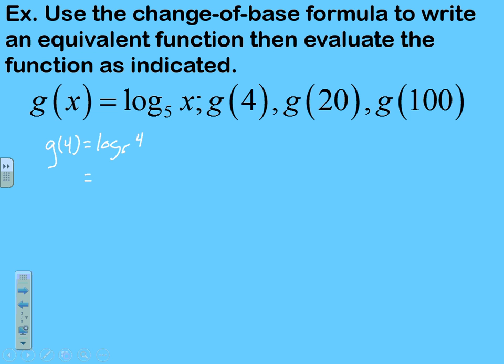Well, to evaluate that using our change of base rule, we'll say log of 4 in base 10 over log of 5 in base 10, and just type that little happy number into our calculator, and we'll get 0.8614. Now, this one here doesn't say to round it out to 9 decimal places, so I'm arbitrarily kind of picking 4 decimal places as the point at which I'm going to stop.